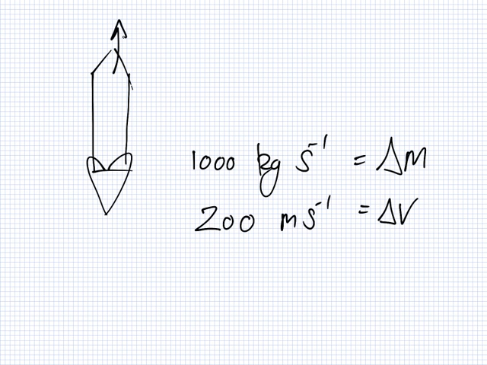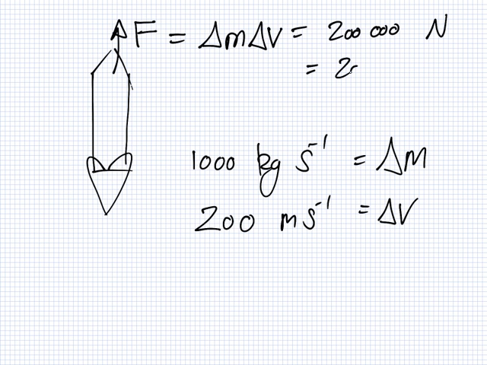So the formula for the force of a rocket is delta M, delta V, or U: how much gas per second multiplied by the speed of the gas. So in this case it'd be 200,000 newtons, so 200 kilonewtons as an example.